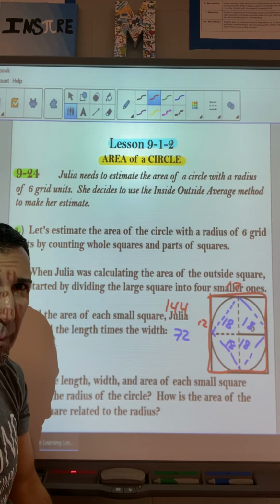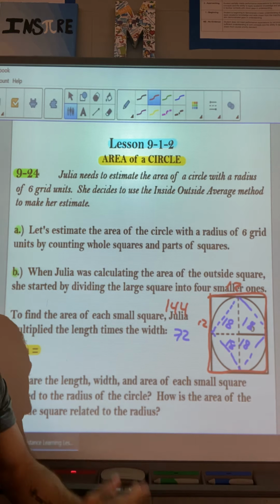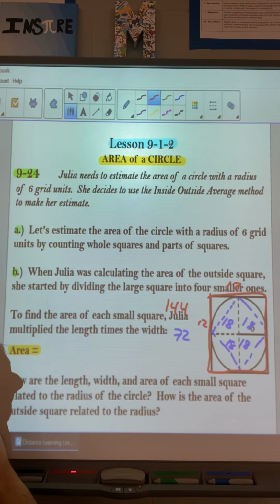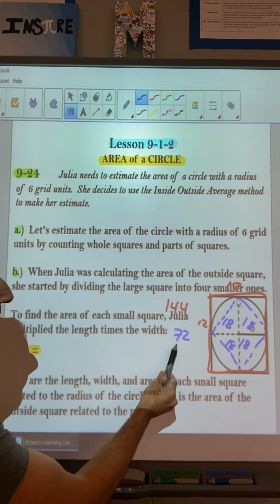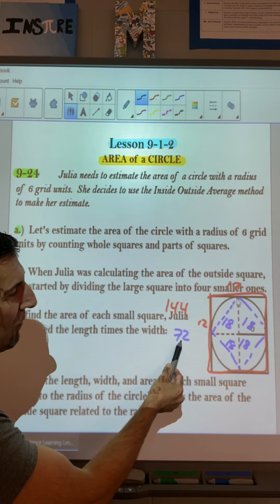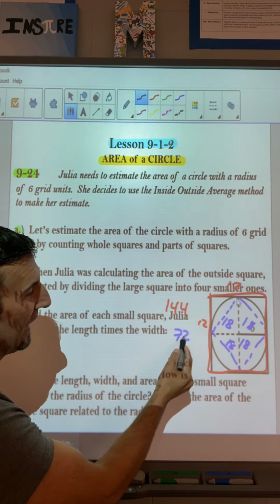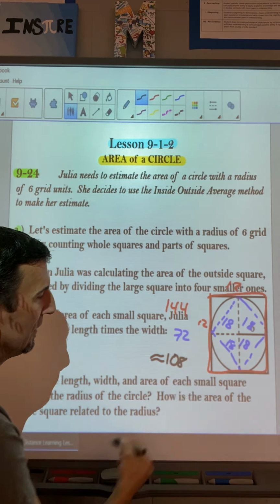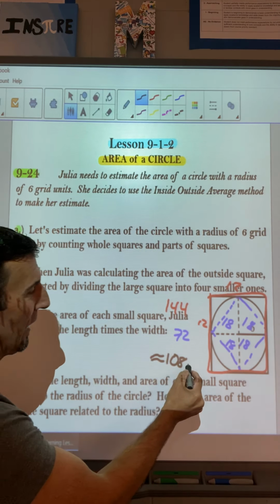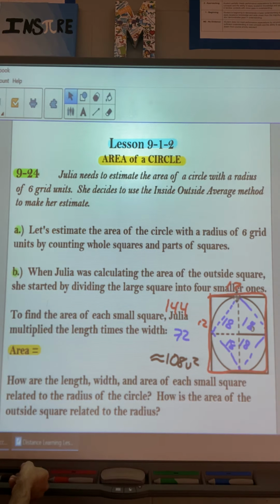Can somebody get that for me? I'll give you a second. Good, somebody just yelled out, they added 36 more to this, which gave them approximately 108. Okay, and again, it's approximately 108 units squared.